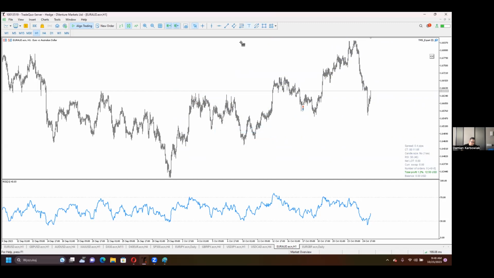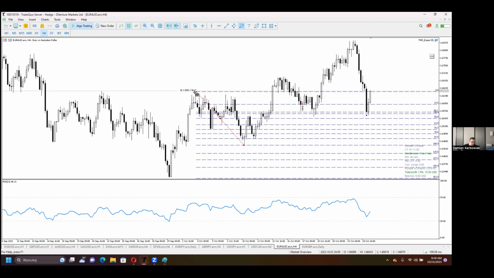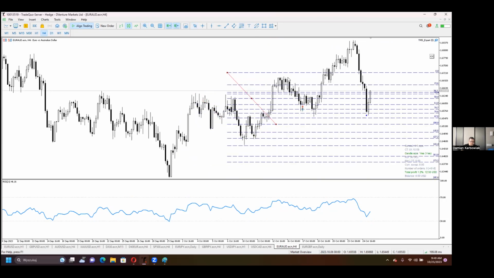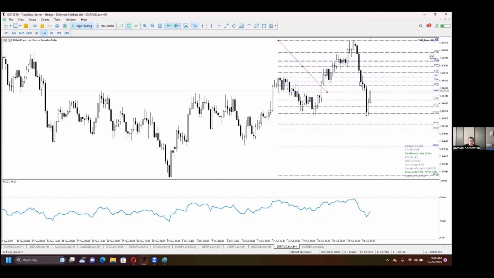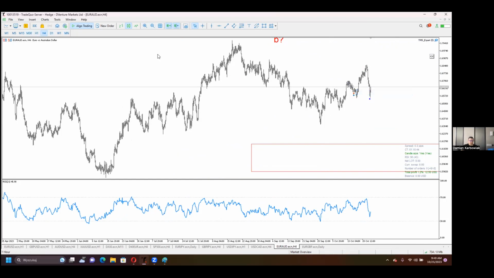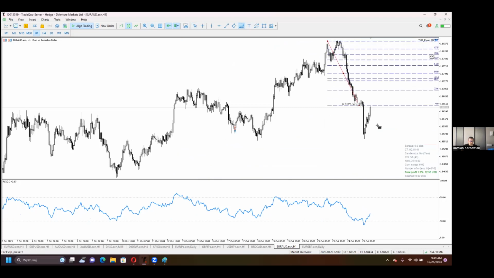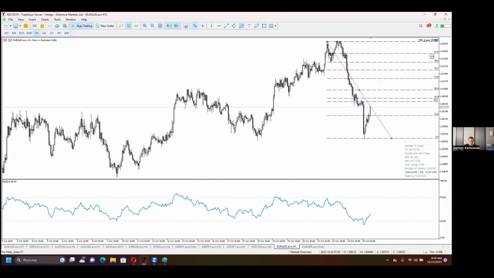Let me double check. Yes, we have an overbalance of the biggest correction in the last movement. So we can say that the deep A is confirmed already. So all we have to do is just wait for the correction at least 50%, and the market is ready to play sell.